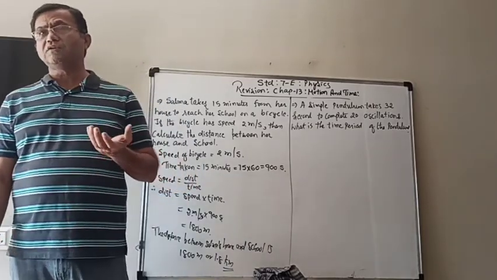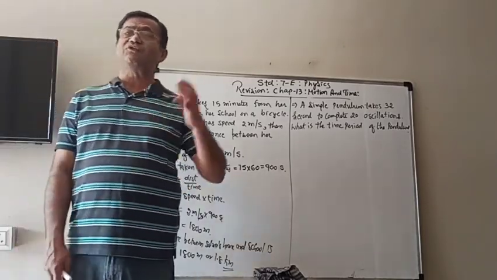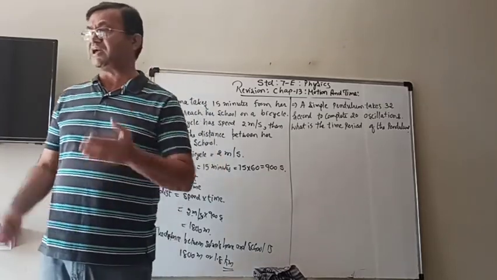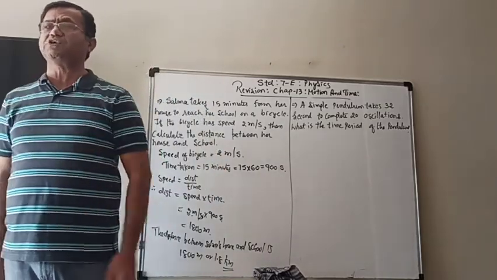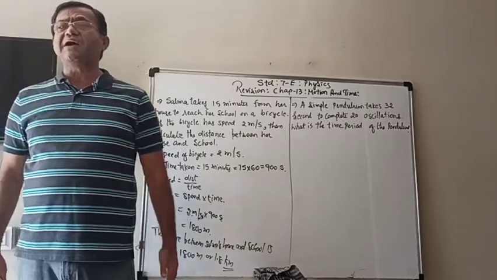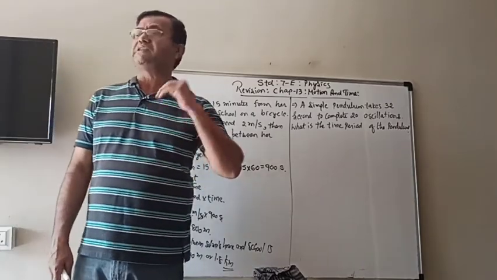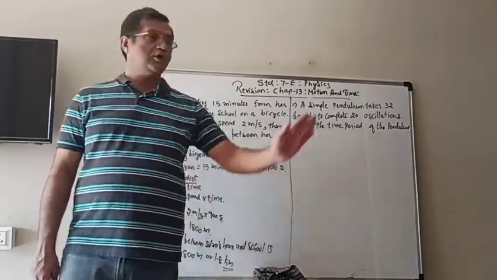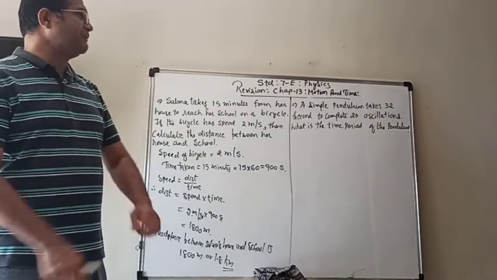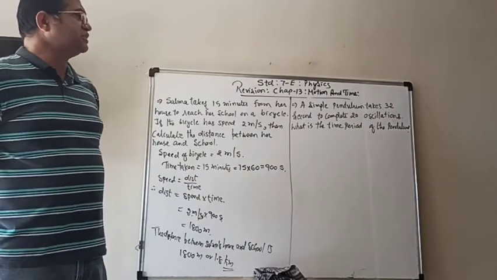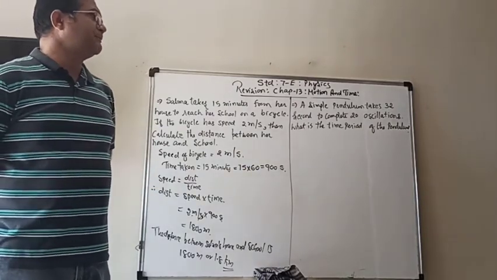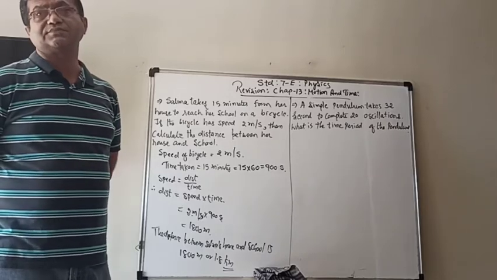So what do we do? We find the time taken for more oscillations, like 10 or 20 or 30 oscillations, and divide that time by the number of oscillations. So here a simple pendulum takes 32 seconds to complete 20 oscillations.